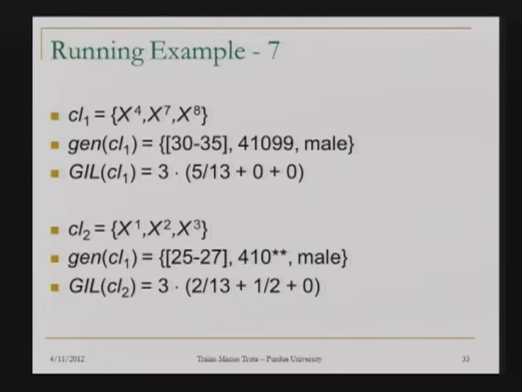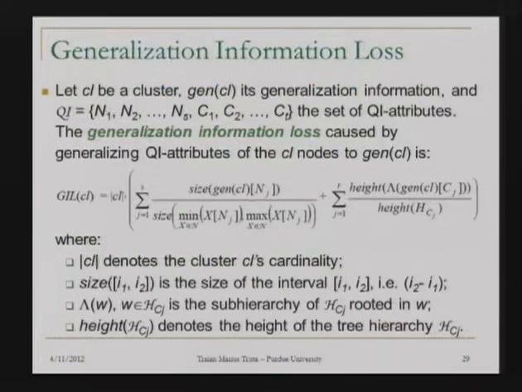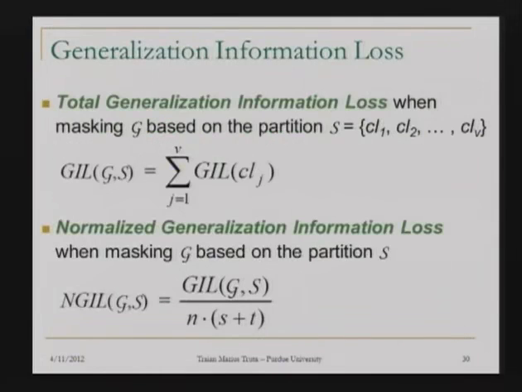This is how we compute the generalization information loss for an ordinal attribute such as age. Now, for the zip code, we have to look at the hierarchy. And we have 1 over 2 because there are only 2 levels in the hierarchy of the zip code, and we move up 1 level out of the 2. For gender it is 0 because we don't change anything. And this is how we compute generalization information loss, pretty much. And all of this is a definition of what I mentioned in this example.